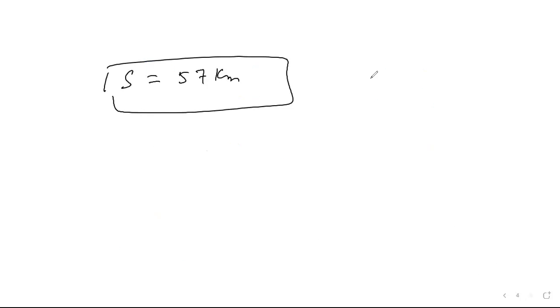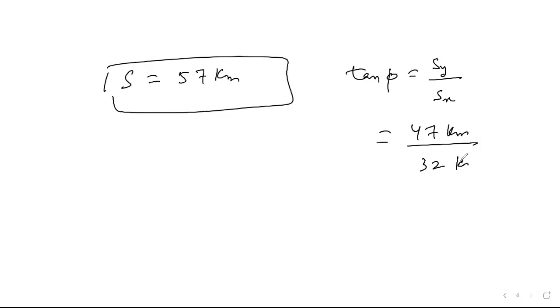Now, direction of S vector is specified by angle phi, and you can see tan phi is simply Sy by Sx. Let us put the numbers. It is 47 kilometer by 32 kilometer, which is 1.47.